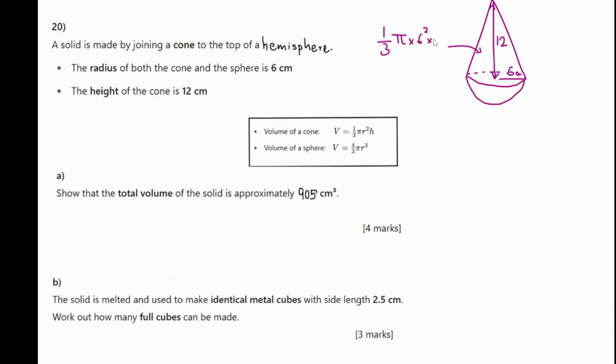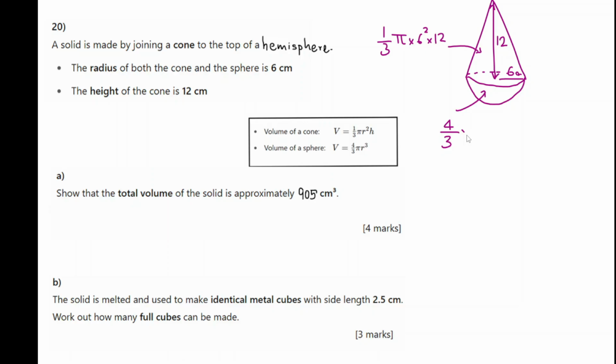Then I need to find the volume of the hemisphere. Now, volume of a sphere is 4/3 pi r cubed. Volume of a hemisphere is 4/3 pi times 6 cubed, but I have to half it because it's a hemisphere.